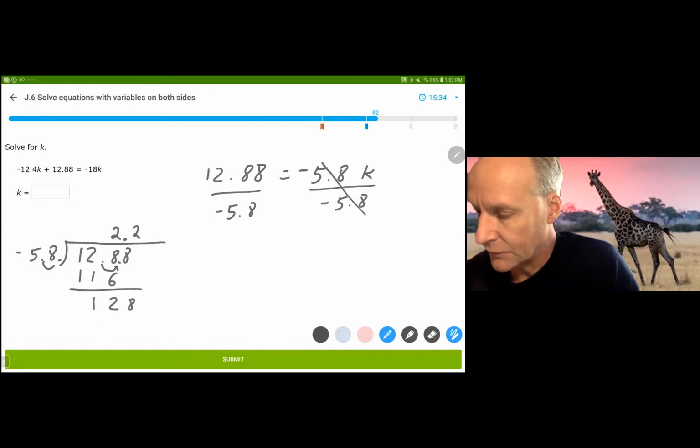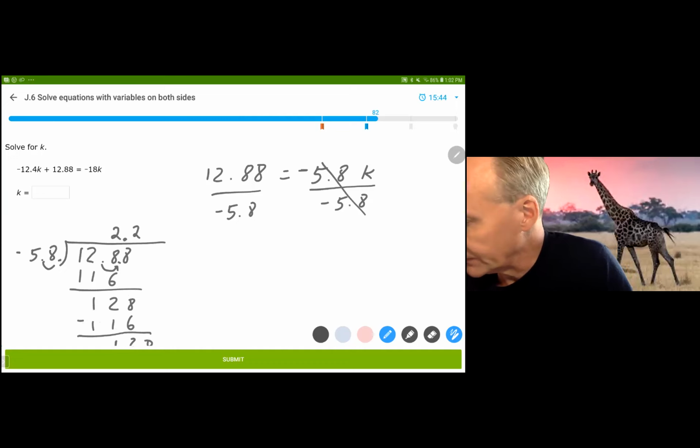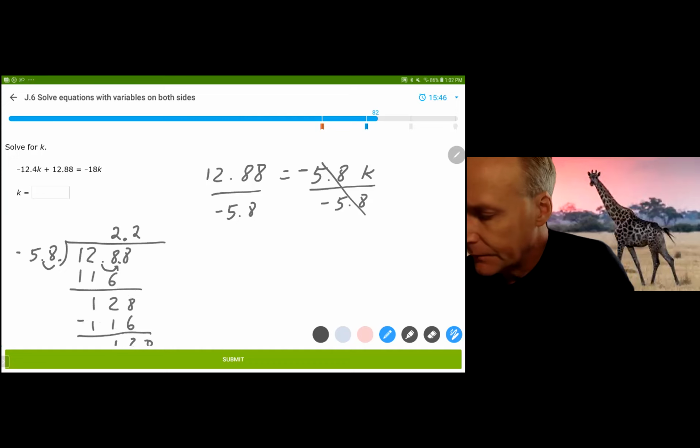And I'm going to subtract 116 again. And I get 120. It's like getting some more decimal places here. That's odd. Oh, I didn't see. There's the problem right there. I'm missing an 8, aren't I?